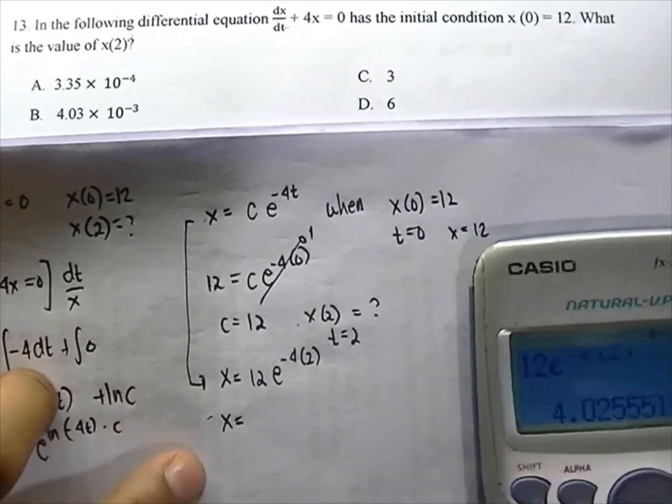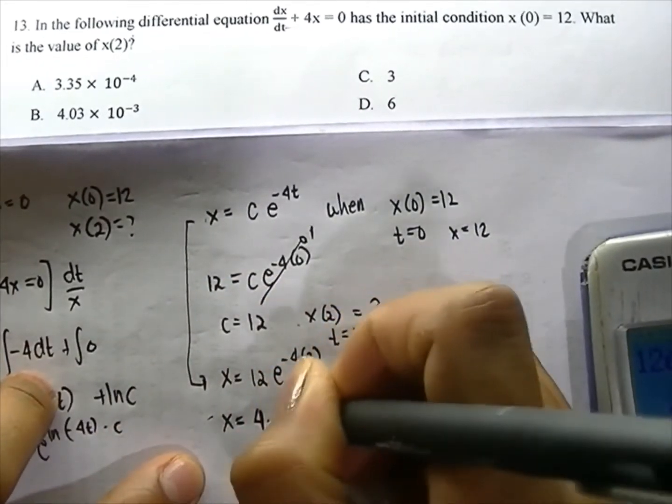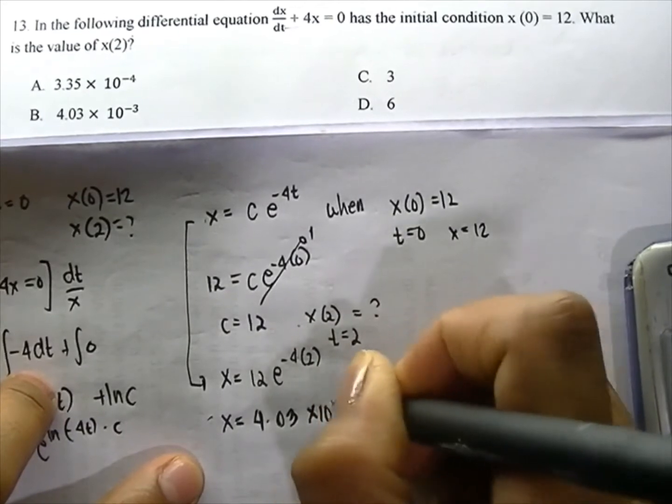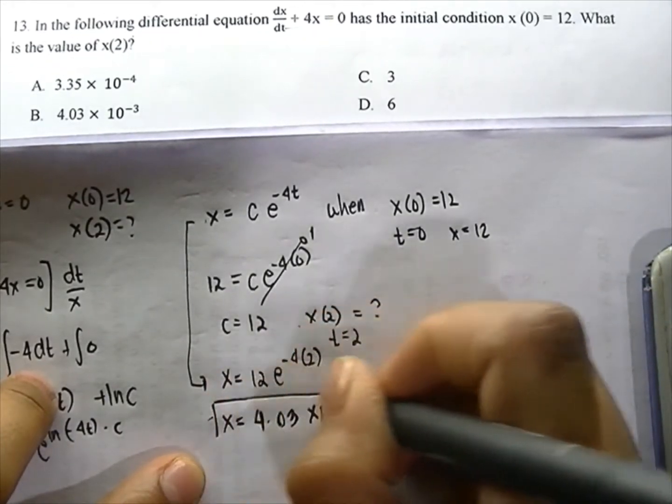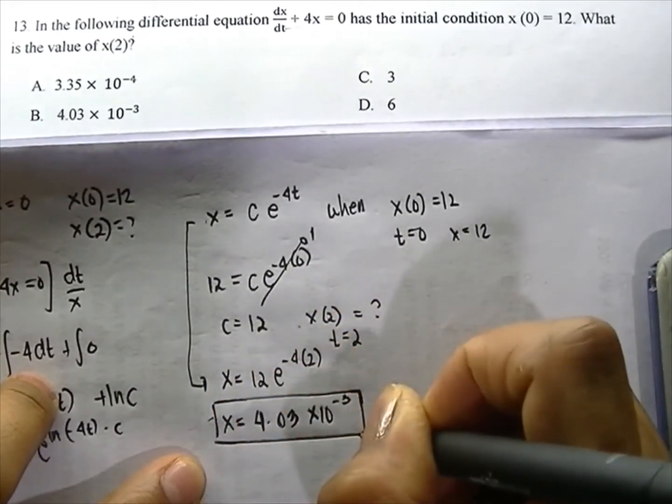So x equals 12 times e raised to negative 4 times 2, which is 4.03 times 10 raised to negative 3. So 4.03 times 10 raised to negative 3. Answer letter B.